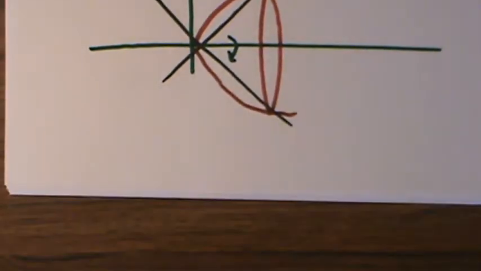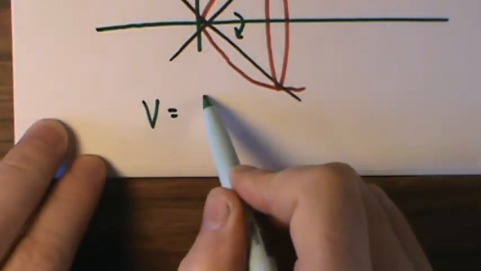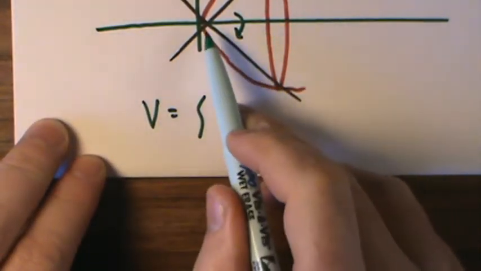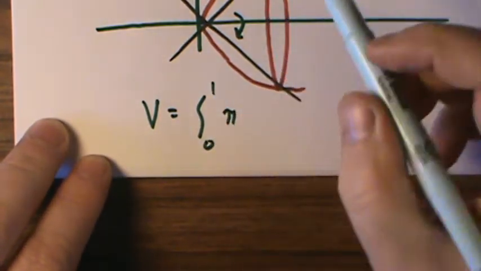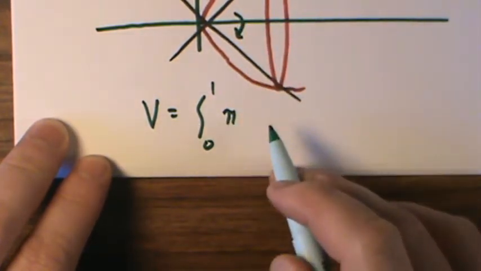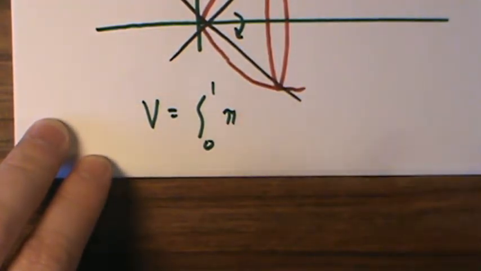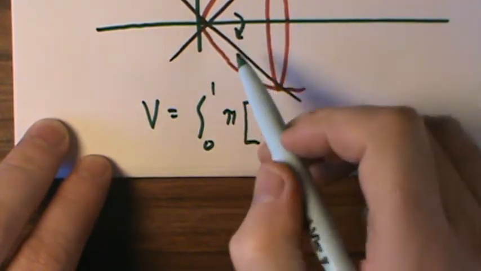And so as we set up our volume, we can say that the volume is equal to the integral from a to b, which in this case would be 0 to 1, pi, and then what you're looking at is you're squaring each piece. So it's going to be pi r squared dx minus pi r squared dx, but oftentimes we just write it like this. We say, what is our big radius?